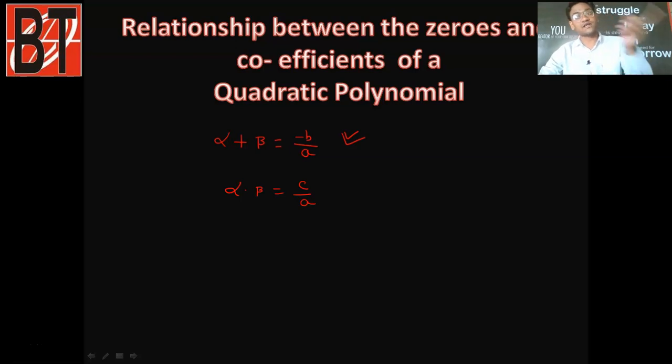Also students, if you remember, I gave you an expression for writing a quadratic polynomial whose zeros are already known. The expression was p(x) equals k, where k is any real number, times x square minus the sum of zeros, if I took alpha and beta as zeros, alpha plus beta, multiplied with x, plus the product of zeros, that is alpha beta.